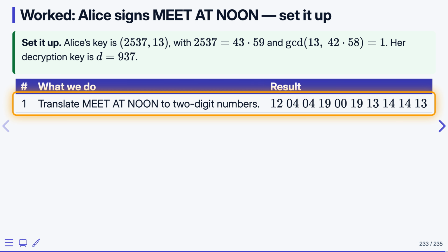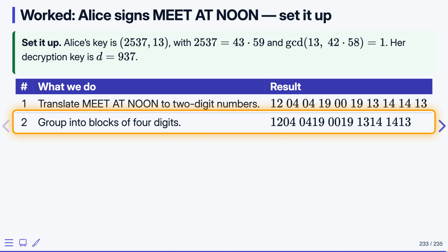Translate the letters into two-digit numbers. M is 12, E is 04, E is 04, T is 19, A is 00, T is 19, N is 13, O is 14, O is 14, N is 13. Step 2. Group them into blocks of 4 digits.